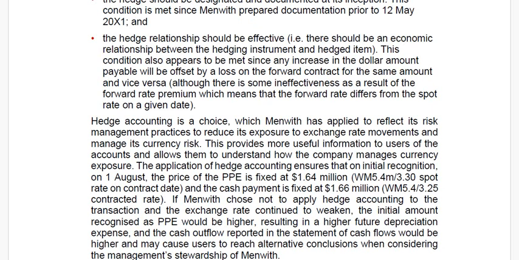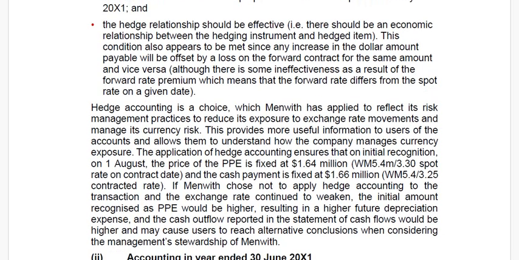If Menwith chose not to apply hedge accounting to the transaction and the exchange rate continues to weaken, the initial amounts recognized as PPE would be greater, resulting in a higher future depreciation expense, and the cash outflow reported in the statement of cash flow would be higher and may cause users to reach alternative conclusions when considering the management stewardship of Menwith.